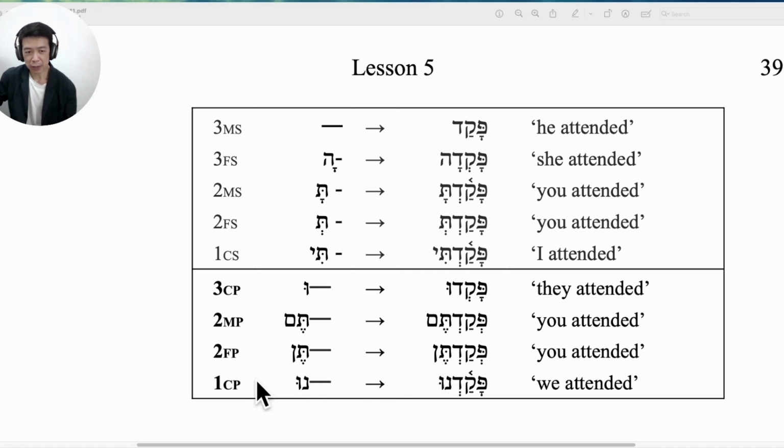And for the first person common plural, meaning we, a nu is added to the end of the word. So for we attended, it becomes pakadnu.